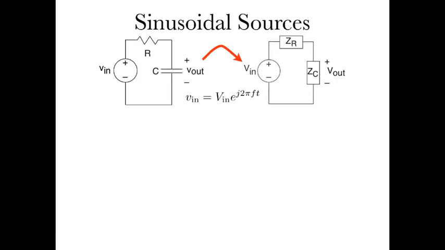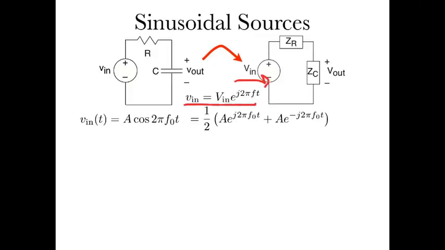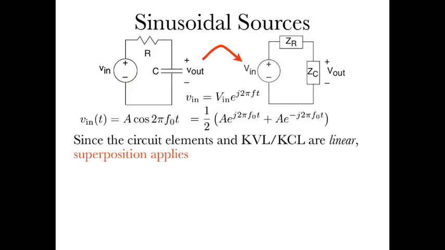Well, now we get to the really interesting conclusion. So this is where we are. We use the complex exponential source to hop over to the impedance version, use all the tricks we've learned for resistive circuits, and now when the source is a cosine, I want to point out that all the circuit elements we've been talking about, resistors, capacitors, inductors, and the interconnection laws, KVL and KCL, are linear, which means superposition applies.